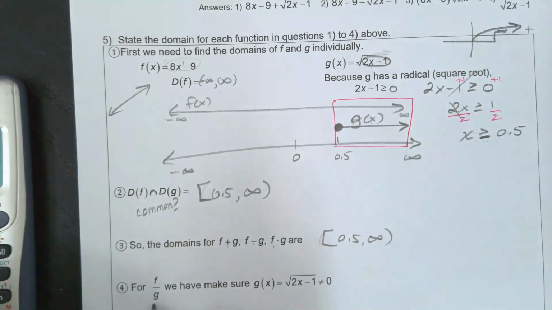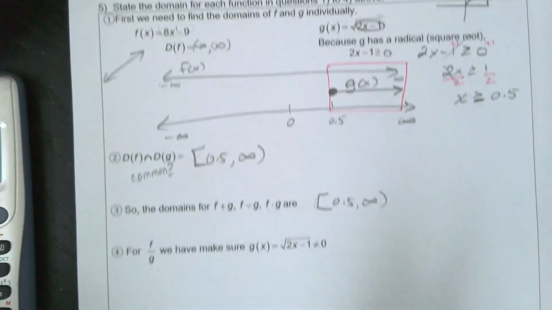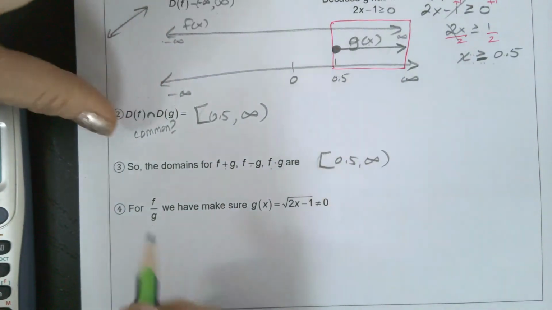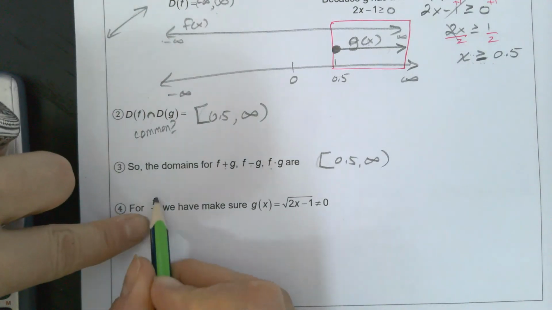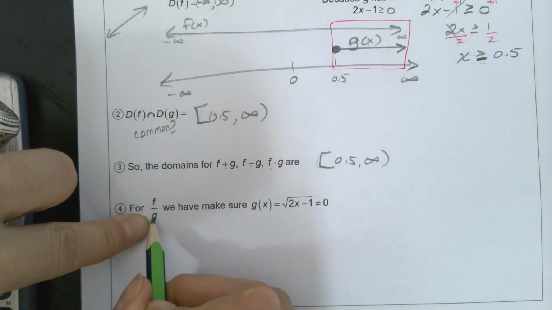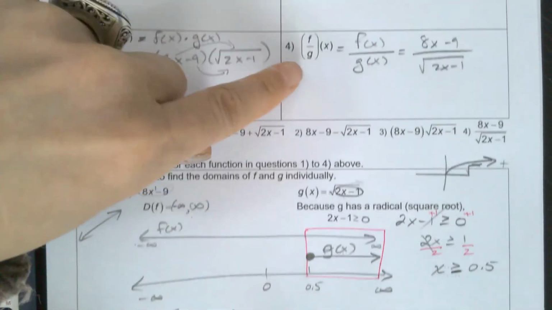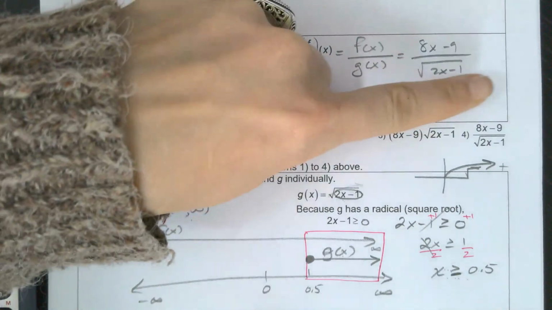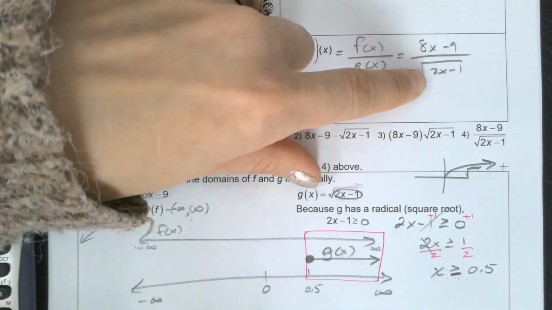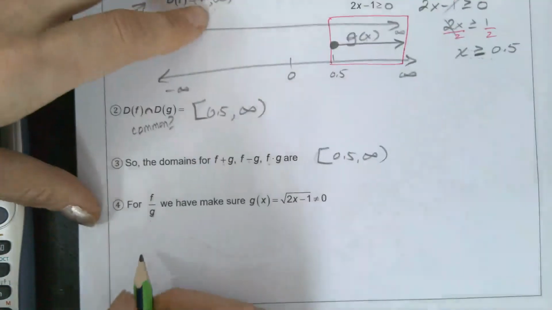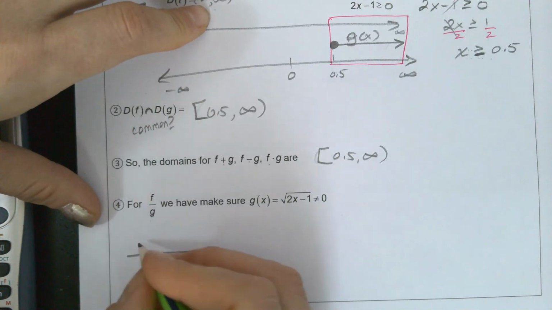But when we do divide, we have to check one more step. Whatever's on the bottom of this fraction, we have to say this cannot be equal to 0. So what was it? When we did divide, it was equal to this. So I'm going to copy this down underneath, just copying it down from question number 4.